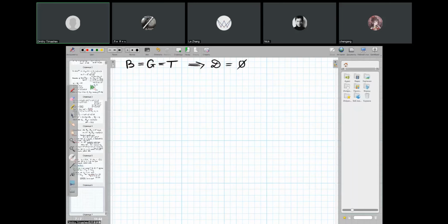Next, what about B semi-invariant functions and the weight lattice?